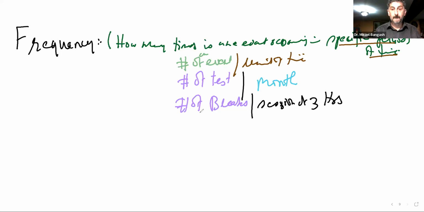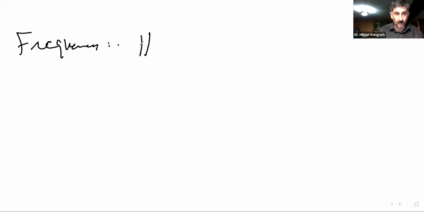So, if we take this, what is going to be the frequency of a sound wave? The frequency of a sound wave is the number of cycles, or waves.